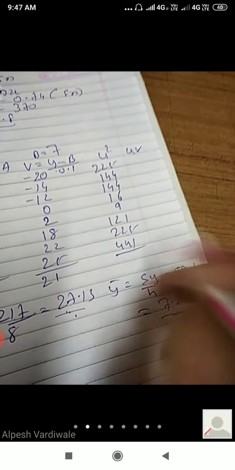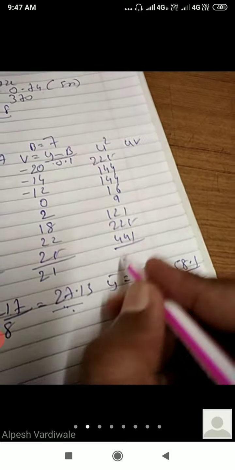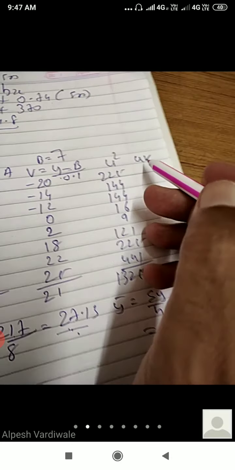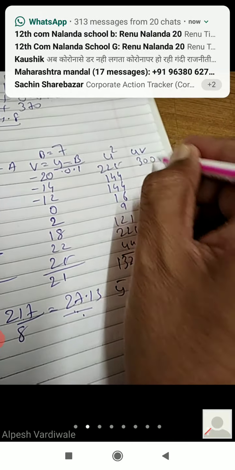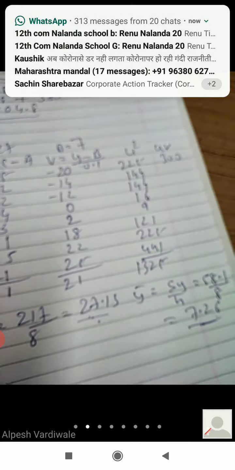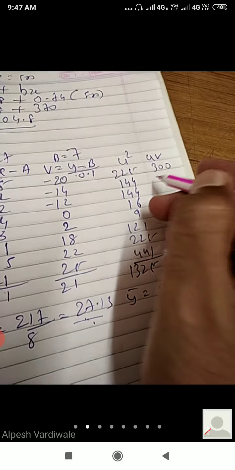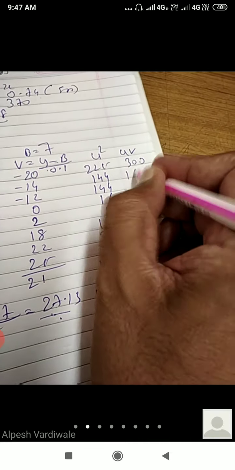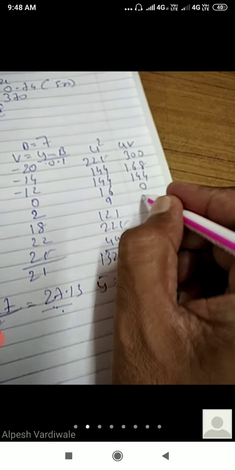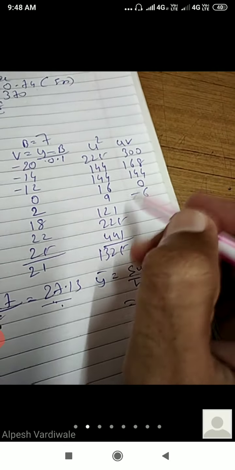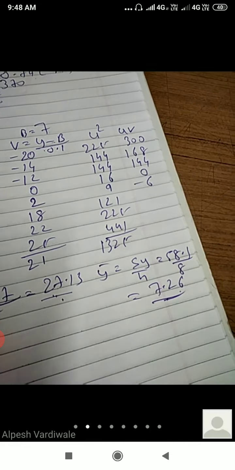Then 18 into 11 is 198. 22 into 15 is 330. 25 into 21 is 525. And the total of this UV is 1659.